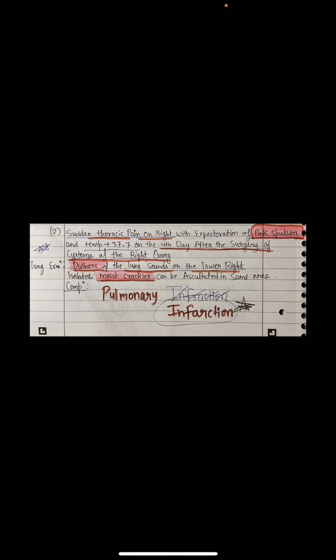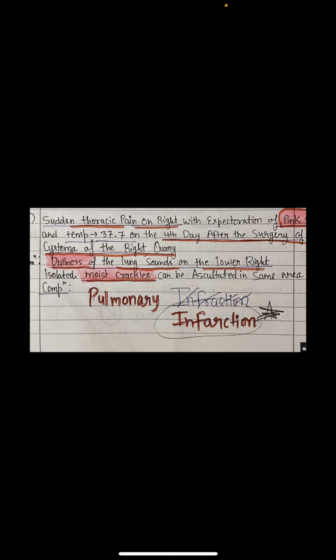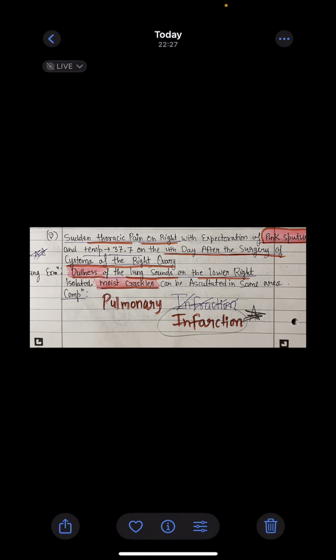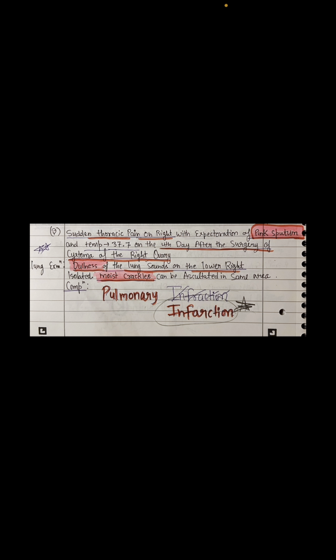In the next question, this is infarction. Infarction is a complication, where the part of the lungs that was damaged before in the pulmonary embolism has now become non-functional and will not function anymore.